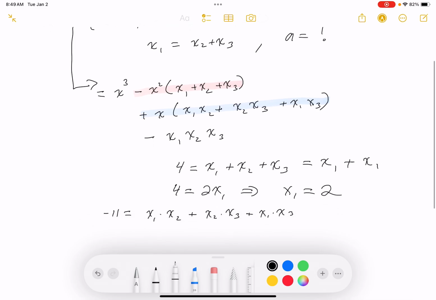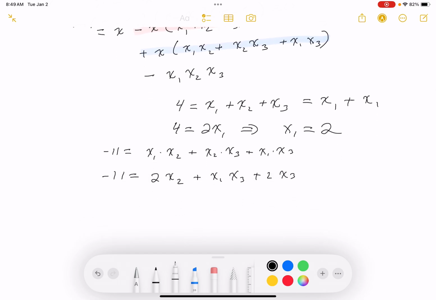All right? What are you going to do now? Well, I guess I could write some things down. I mean, for example, minus 11. I know x1 is 2, so that's 2x2 now. Plus x2, x3. And again, I know x1 is 2, so I get 2x3.